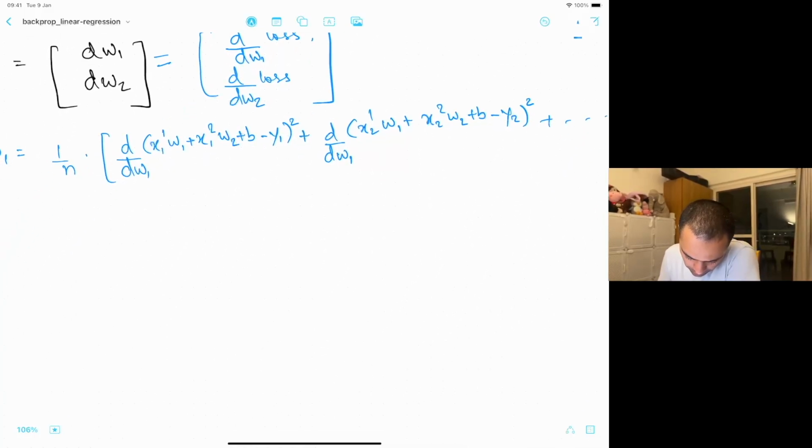Therefore the first term, if we simplify, would be 2 times, I am writing this as y1 hat minus y1. So the derivative of this entire thing with respect to w1 is such that all these other terms will go to 0.